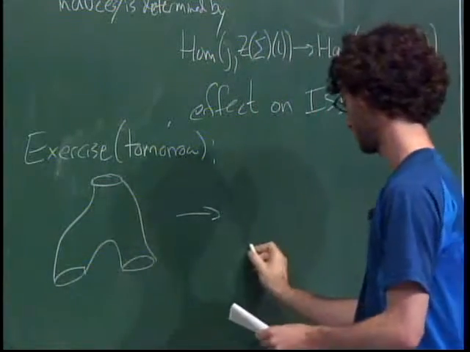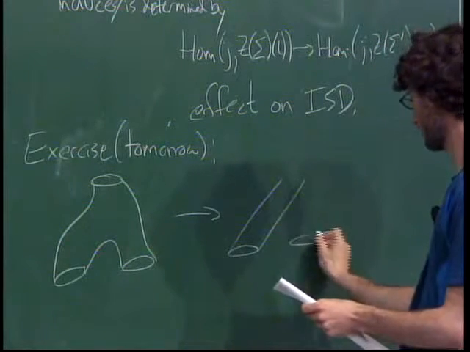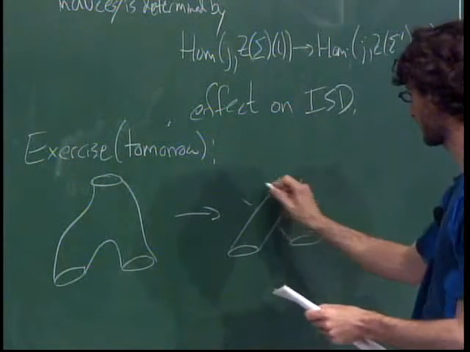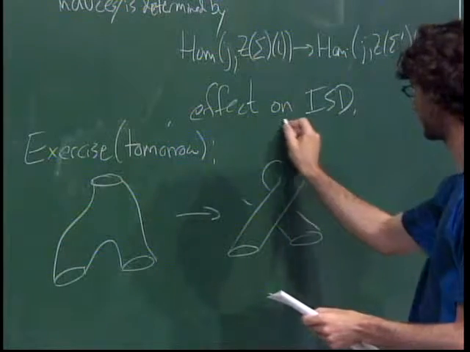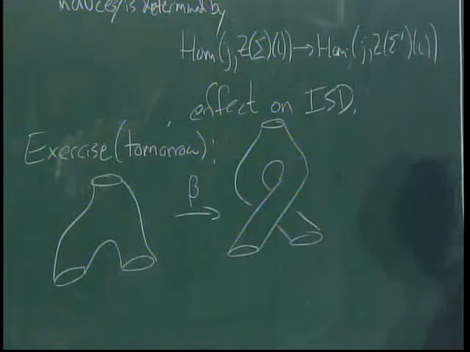So here's a picture of the braiding. I guess I was drawing the braiding the other way, but just think about this as beta inverse if you prefer.